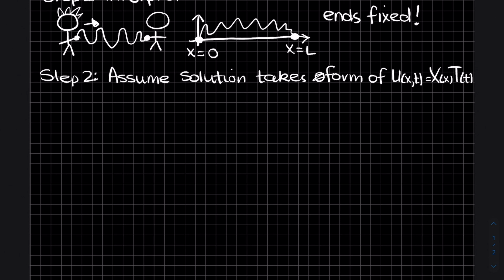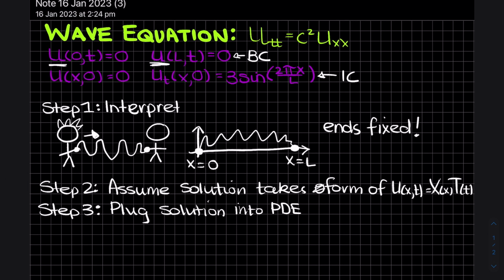So if the solution does take this form here, we can do step 3, which is where we plug the solution into the PDE, the partial differential equation. And our PDE is, of course, the wave equation.